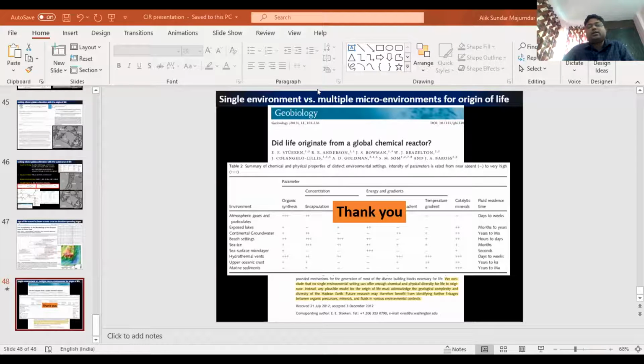Raman is a vibrational spectroscopy. There are two vibrational spectroscopies: one is Raman, one is infrared, which we popularly call FTIR. These two are complementary.